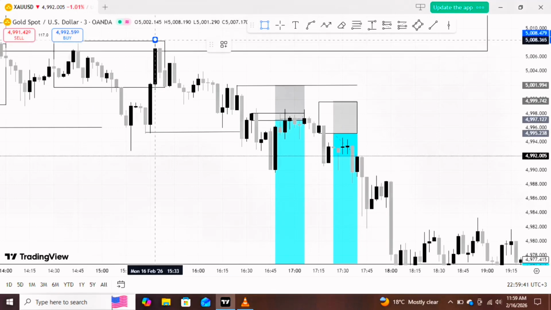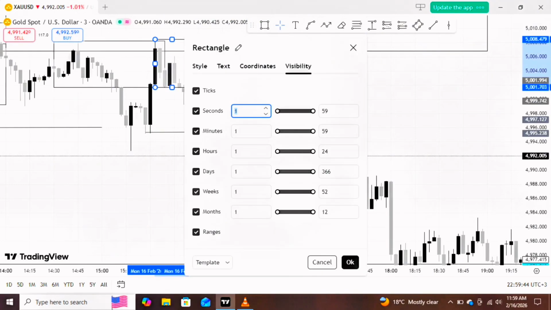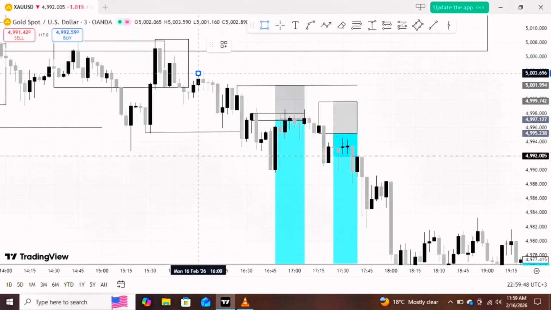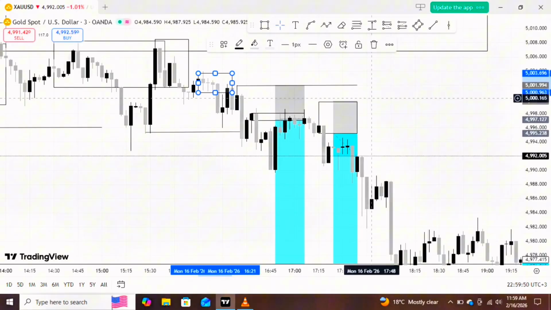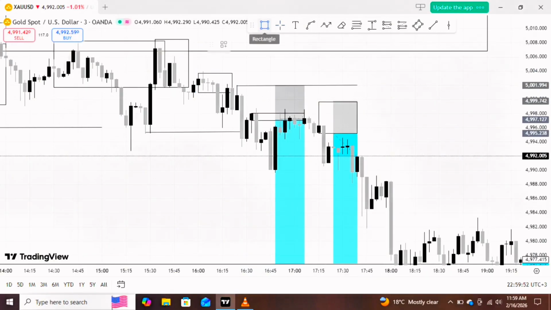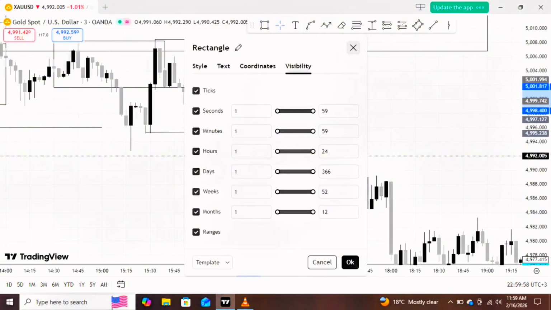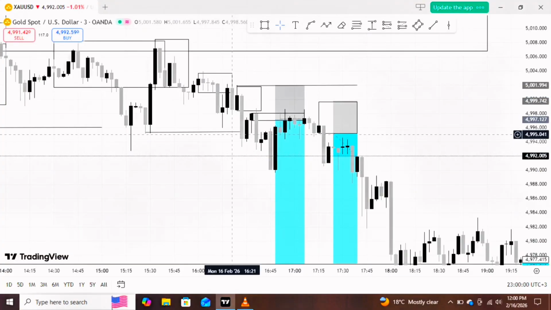This order block is mitigated, and this order block is also mitigated. The only order block that is not mitigated is this order block. So this order block is the active zone that we expect the market to tap and then look for entries.